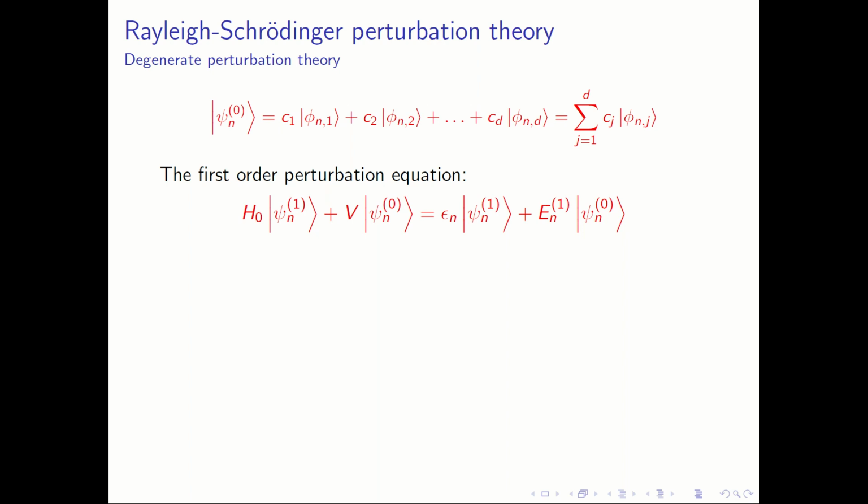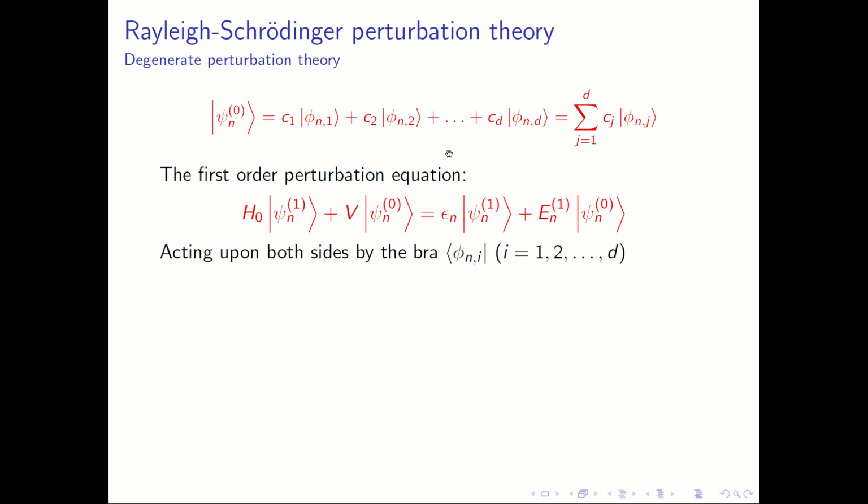Now, in non-degenerate perturbation theory, if you recall, we found the eigenvalue E n 1 by hitting both sides by the bra phi n, which we knew was exactly the correct bra corresponding to the ket sitting here. But now we have a problem. We do not know what this ket here is. All we know is that it's some linear combination of all these.